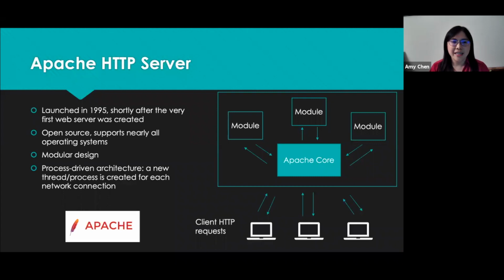And it uses a process-driven architecture. With Apache, a new thread or process is created for each network connection that is made. That means that while a given thread is handling a request, it is blocked and unable to be used for any other activities.